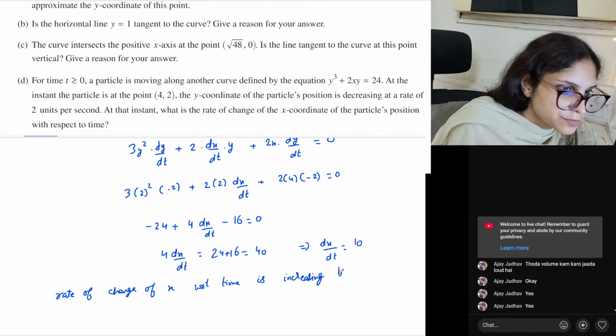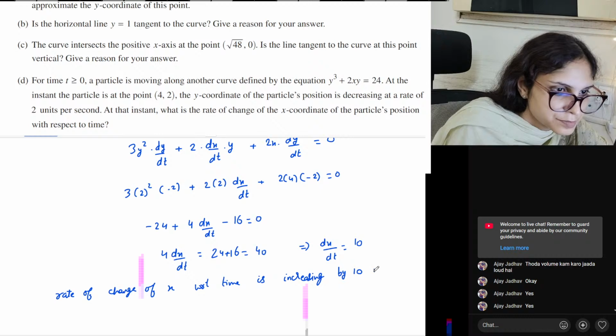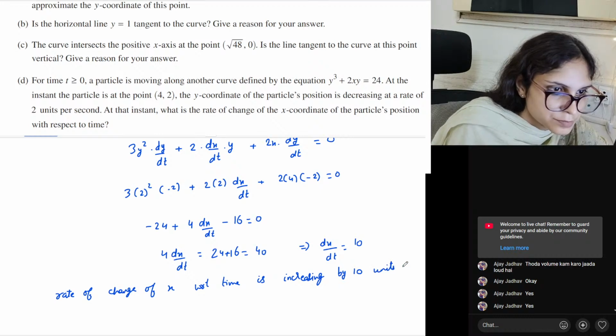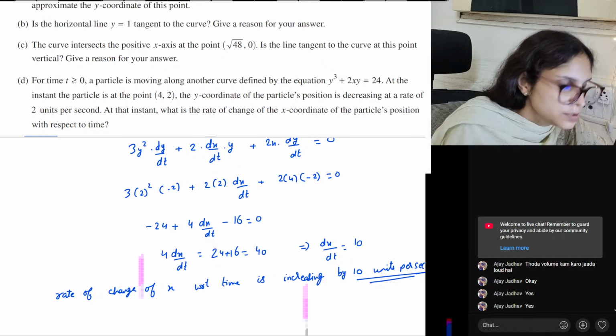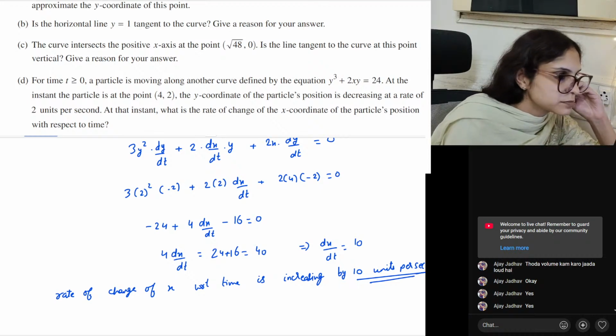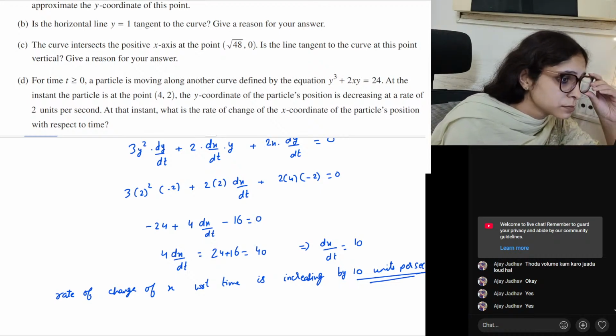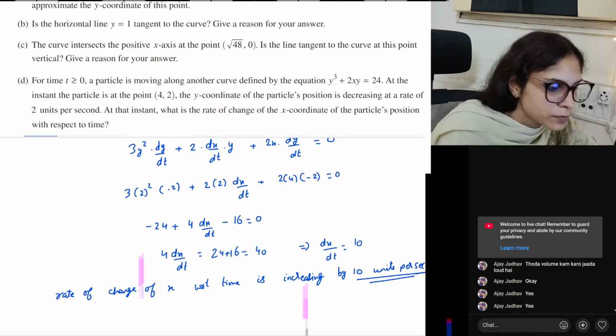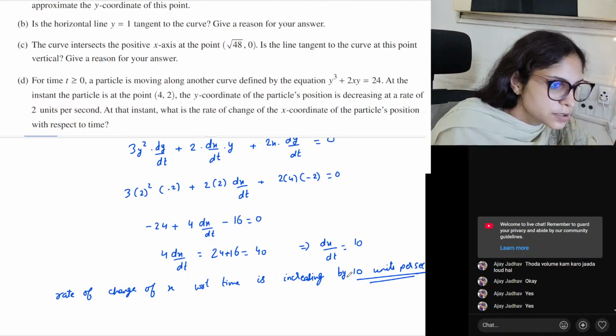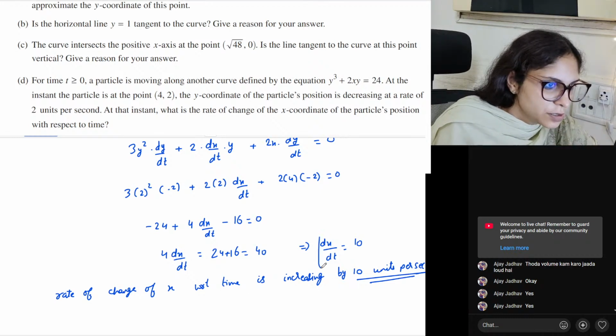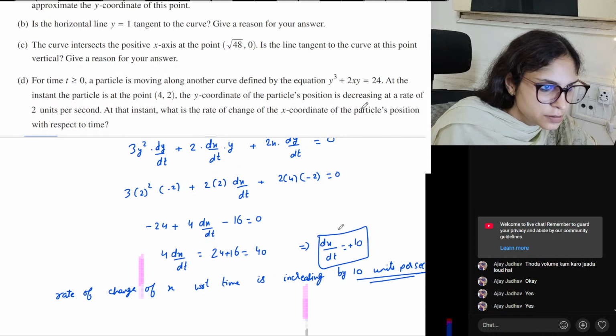Because it is positive. This is our answer. Or you can say it is increasing at a rate of 10 units per second. But basically, this is the answer.